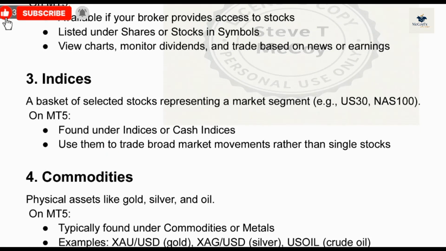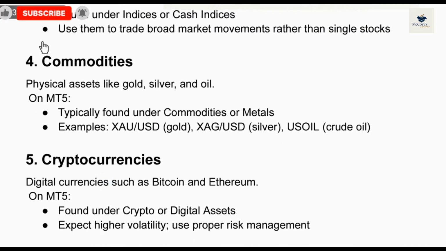Number three, we have indices. Indices are a basket of selected stocks representing a market segment. Example, US 30, NAS 100. All these can be found on MT5 as well. We have four, commodities.